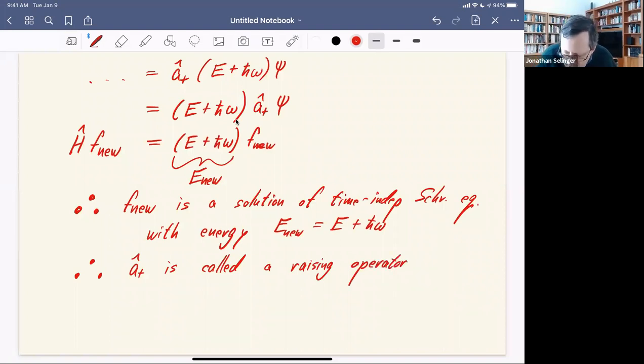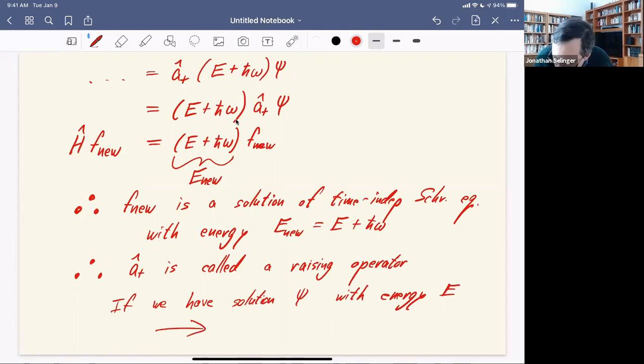That is, if we have a solution psi with energy E, then that gives us a solution A plus psi with energy E plus h bar omega.